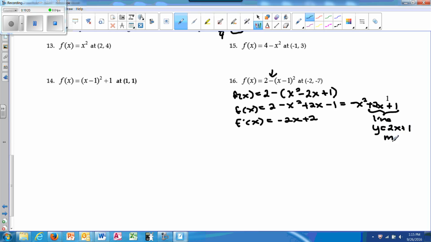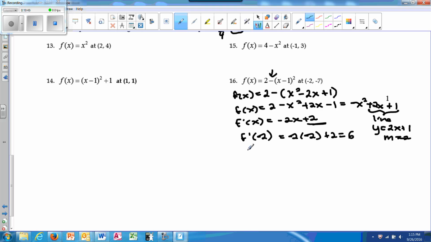The derivative with respect to x is negative 2x plus 2 plus 0. Another way some students do better to think about these last terms, if you're having trouble with the x power of 0, is if they did the negative 2x to the first power, and think about this end part as really just a line. If you think about y equals 2x plus 1, we know that the slope of that line is just 2.